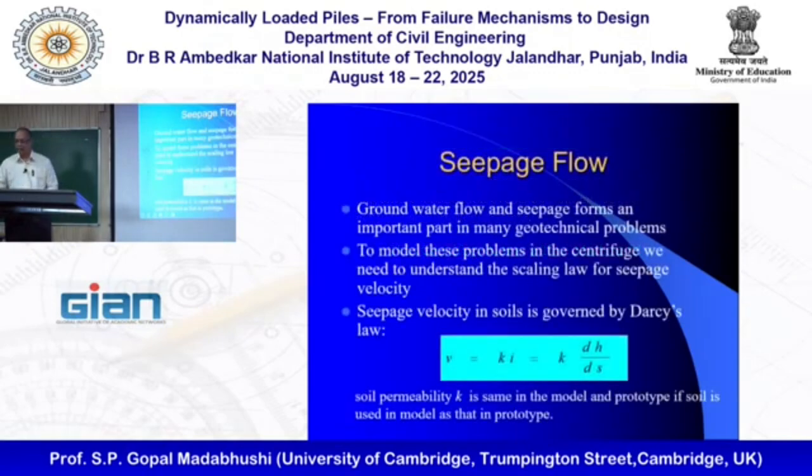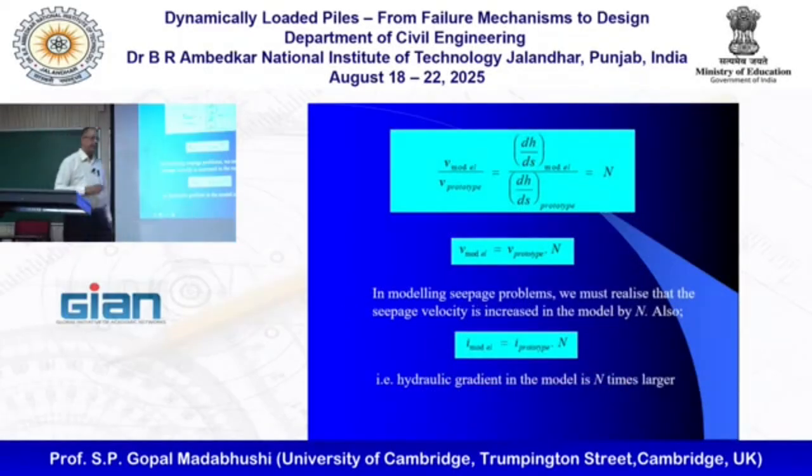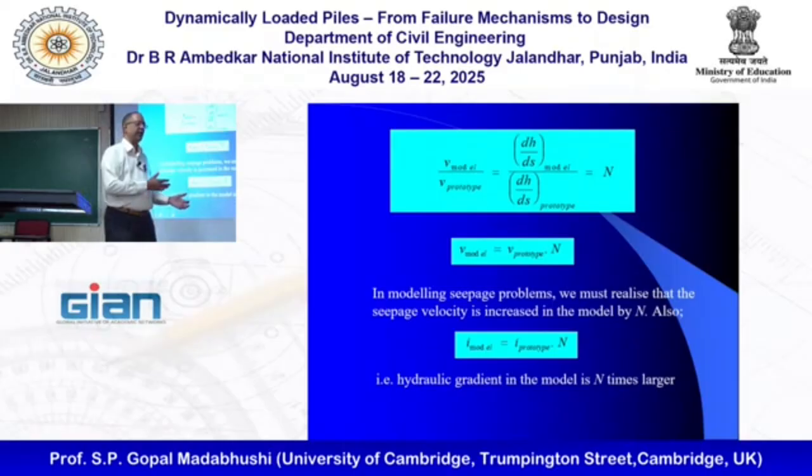Similarly, seepage flow, we can do this. You can use Darcy's law and show that the seepage flow actually is n times larger in the model compared to the prototype. This is where you need to be careful. I included this because it doesn't work in our favor. The seepage velocity in the model is n times larger than the actual seepage velocity in the field, which means that you must make sure the velocity in the model is small enough that you get a small enough Reynolds number.